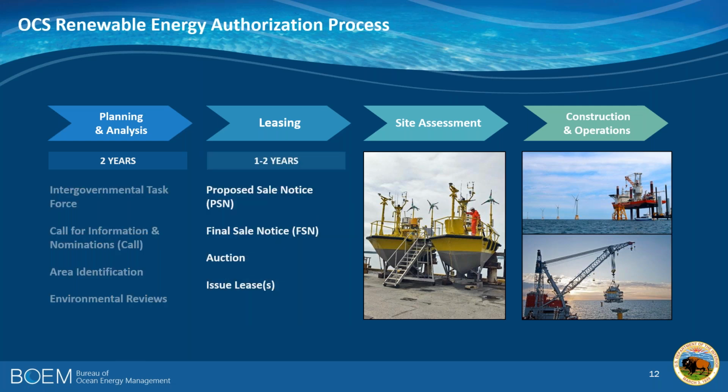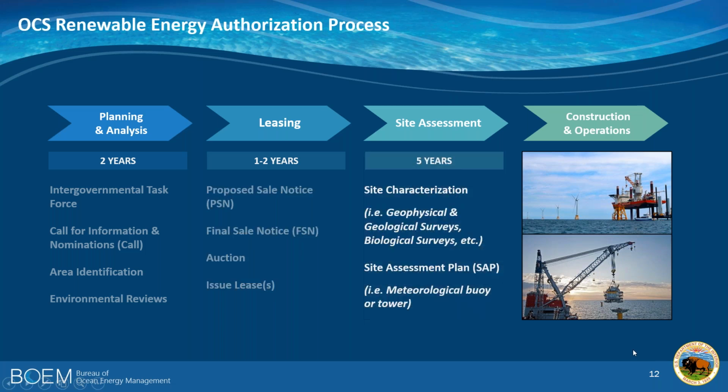The leasing process takes 1 to 2 years, including the proposal of a sale notice and a final sale notice and qualification of bidders, and an actual auction, followed by the issuance of leases to the winners of that auction.